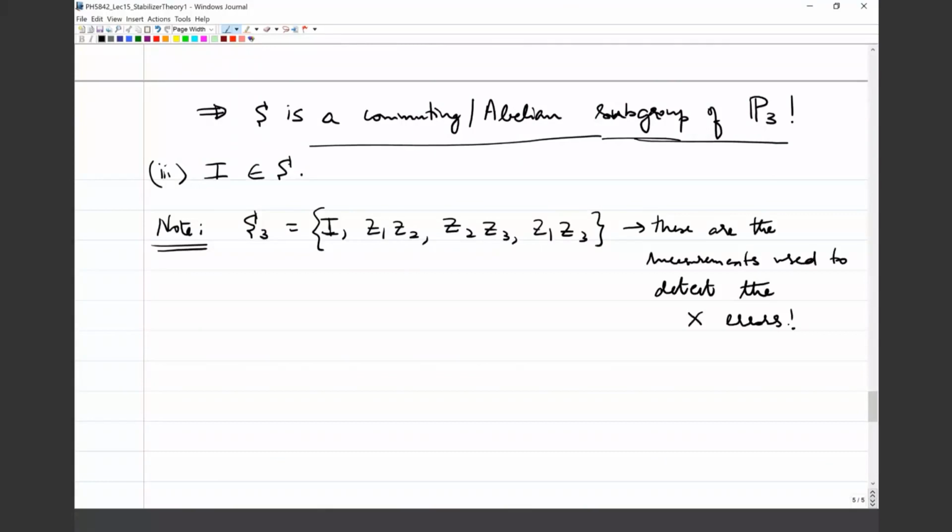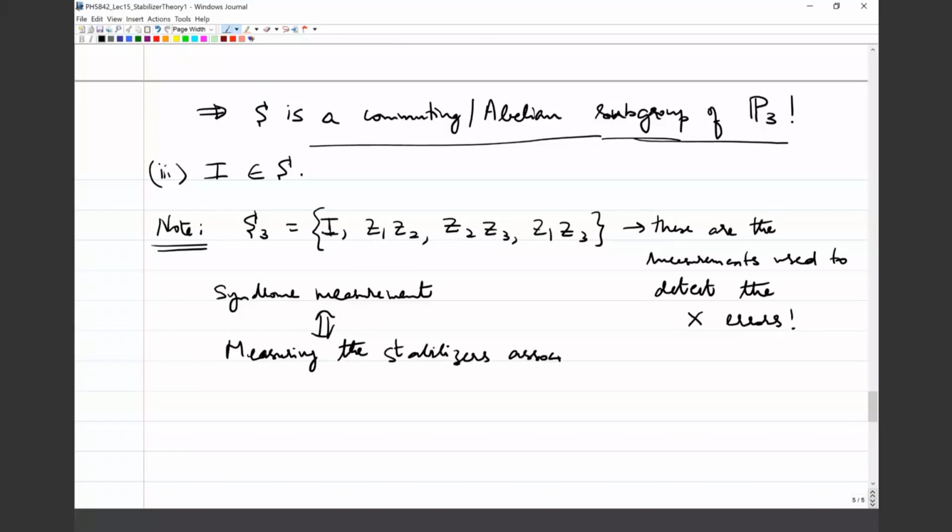So in a sense, what we were doing with the syndrome measurement was actually measuring the stabilizers associated with the state, or rather associated with the code.